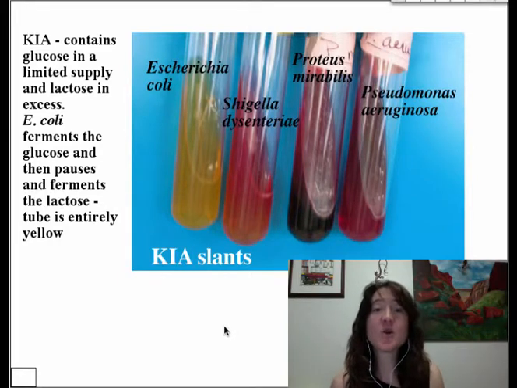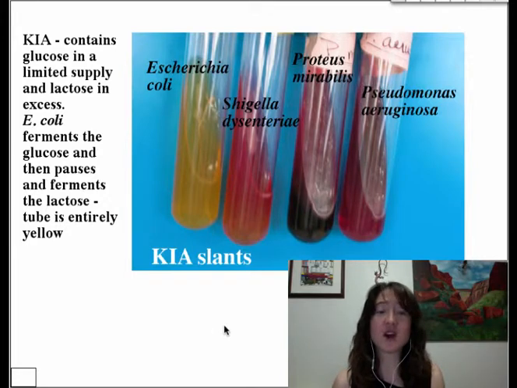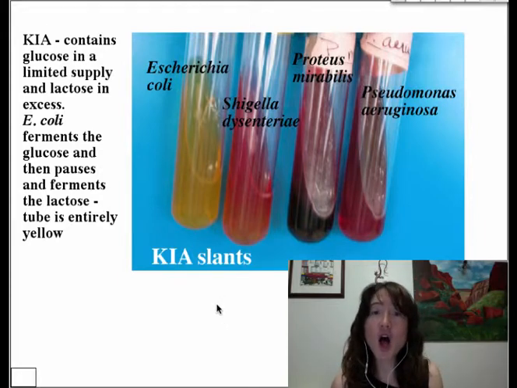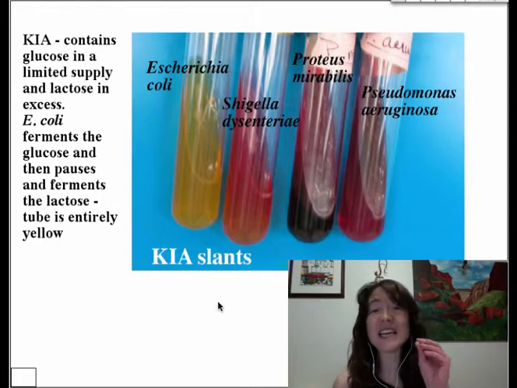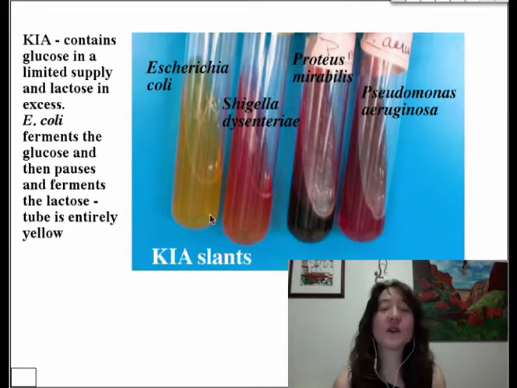Let's relate this to our lab coverage. Just this week, you all have inoculated KIA tubes. KIA tubes are such a pertinent system to think about the lac operon, because in a KIA, recall that we had lactose in excess and glucose in short supply. So what happens with an organism like E. coli is, of course, that it eats that glucose first.